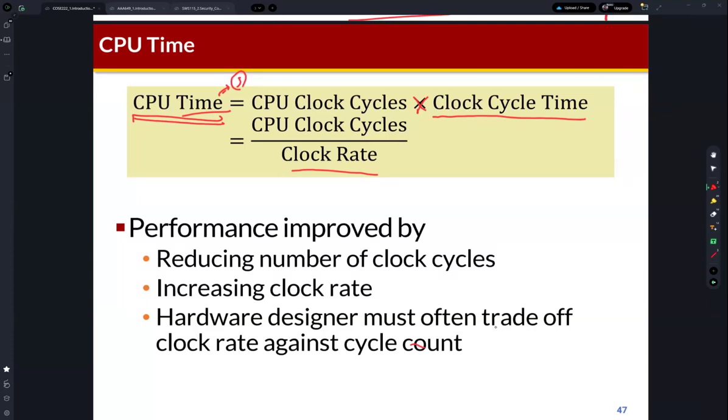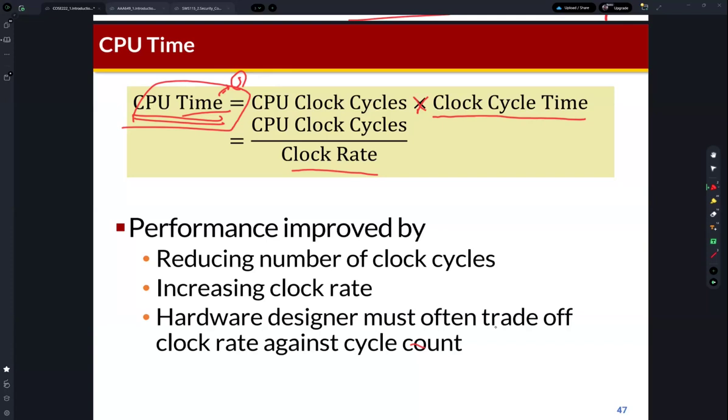Then how can we increase the performance? So this is the definition. Why is the definition important? Why is the equation important? It is because if we see the equation, then we can find out which factor needs to be improved.